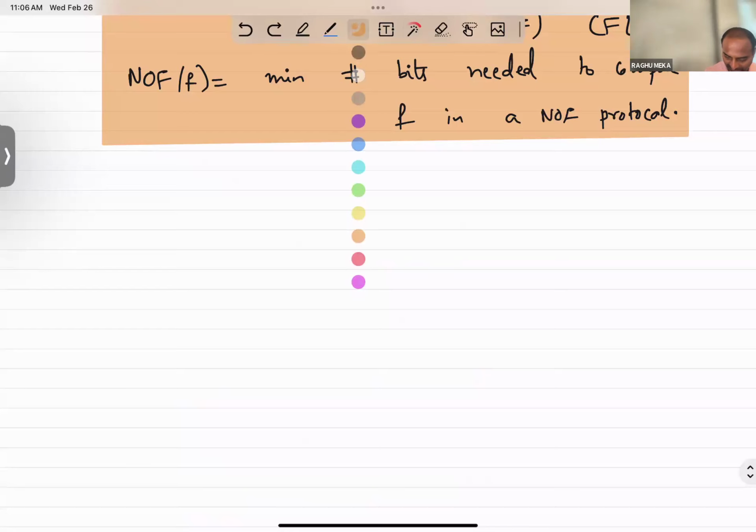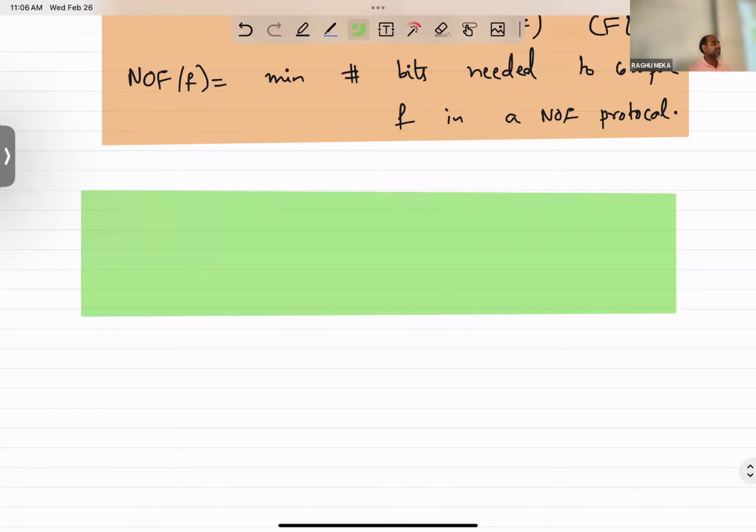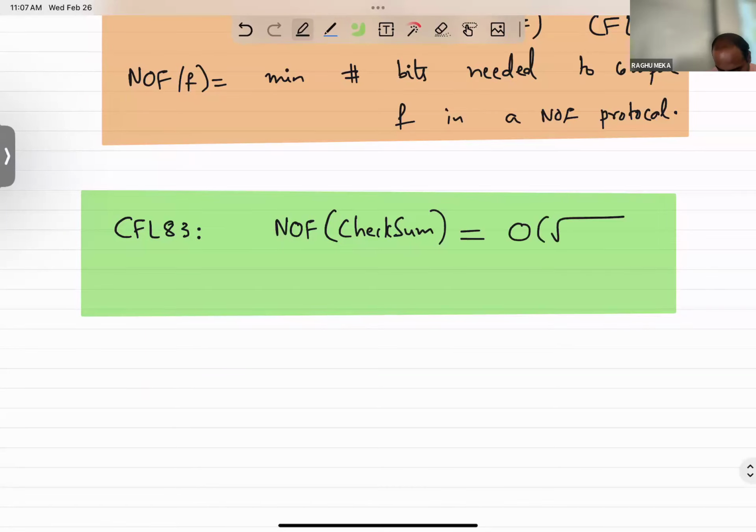And it turns out, in many cases, understanding number on forehead complexity is very difficult. But you also have some surprising protocols that you can build. In particular, this paper by Chandra, Furst, and Lipton from 83 really pulled a rabbit out of the hat and showed that the number on forehead complexity of checksum is square root log n.